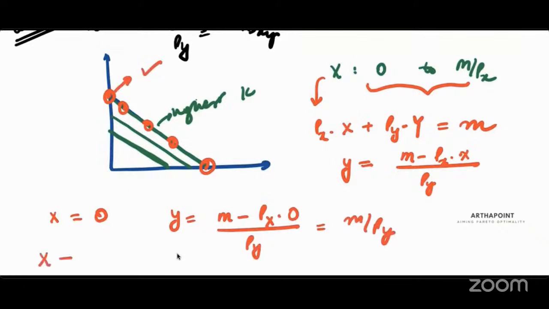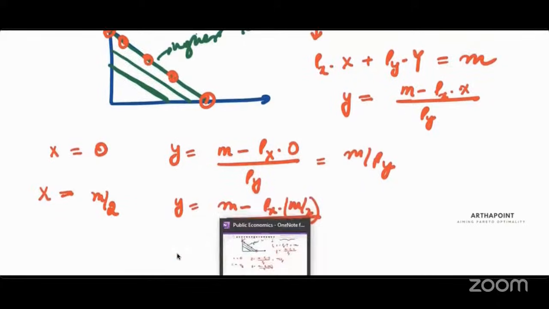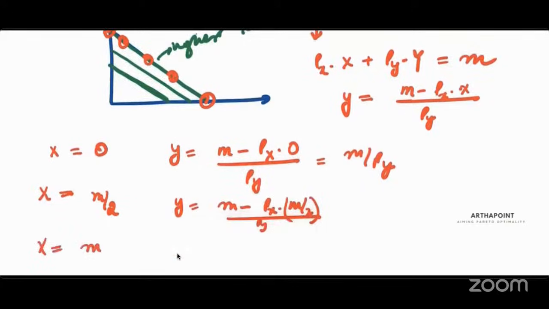If you want to consume X exactly half of your income, your Y will be M minus Px into M by 2 by Py. So different combinations. If you want to consume entirely X, then your Y will be M minus Px into M by Px, by Py, which will be 0, which will be this point.